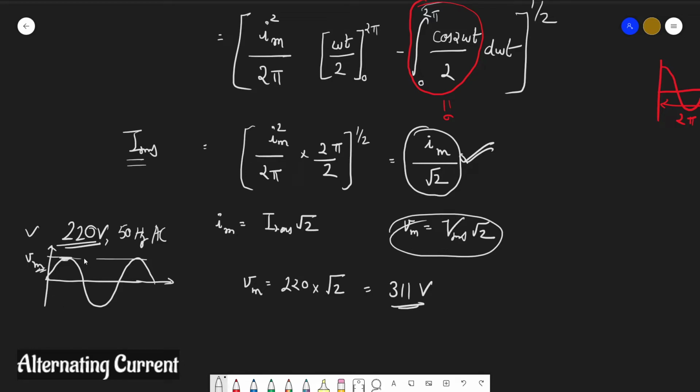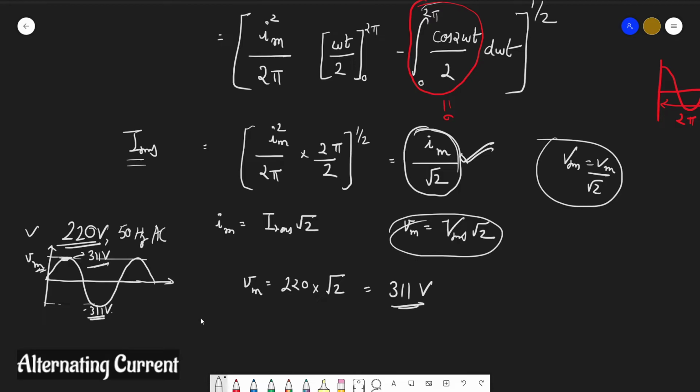So the maximum value is 311 volts which you are receiving at home, and a trough of minus 311 volts. So don't confuse, this is the RMS value. You need to remember these expressions: Im by root 2, Vrms equal to Vm by root 2. These are the RMS expressions you need to remember.